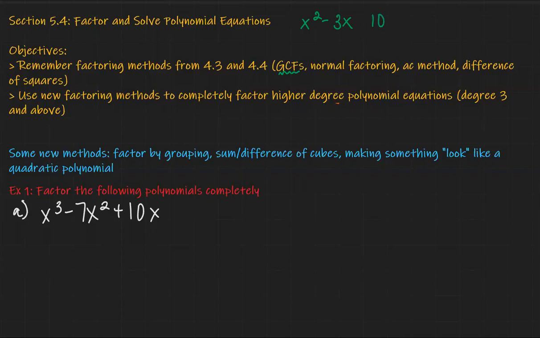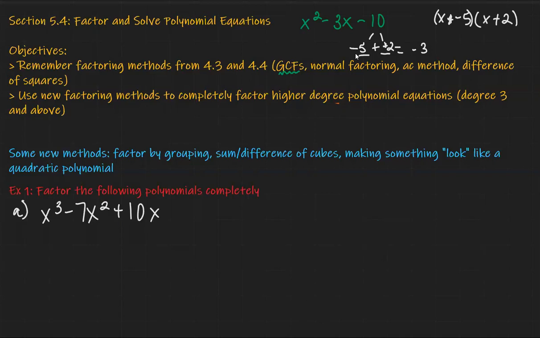If I wanted to factor that, you would ask yourself, what are the factors of 10 that are going to add up to -3? Once we found those factors, we can write them out. In this case, it's going to be -5 and +2. So the factors here are x minus 5, x plus 2, right?